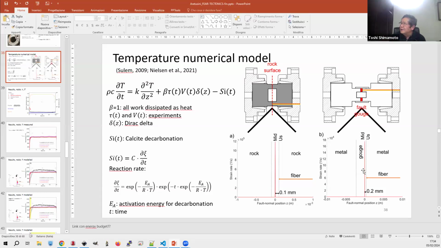So which portion of temperature do you think you measured in the gouge? That's one question. And the other question is that the gouge temperature really depends on how thick the slipping zone is. So in your calculation, what thickness of slip zone did you assume? Those two questions.